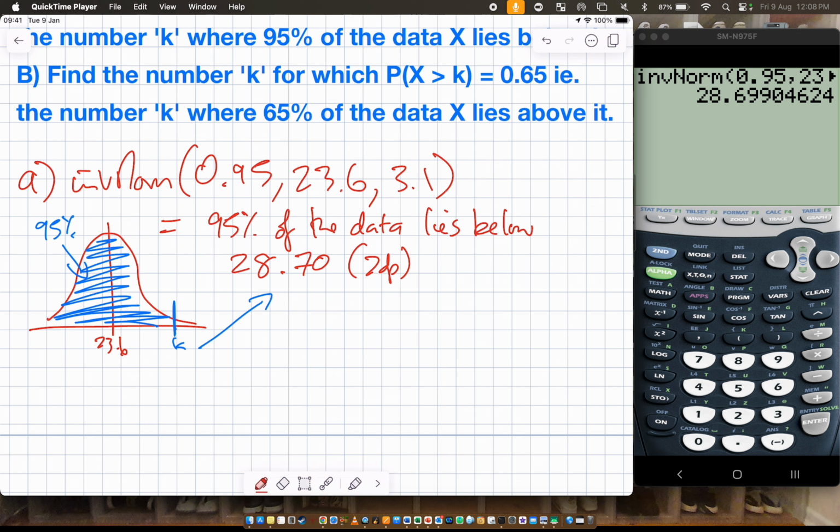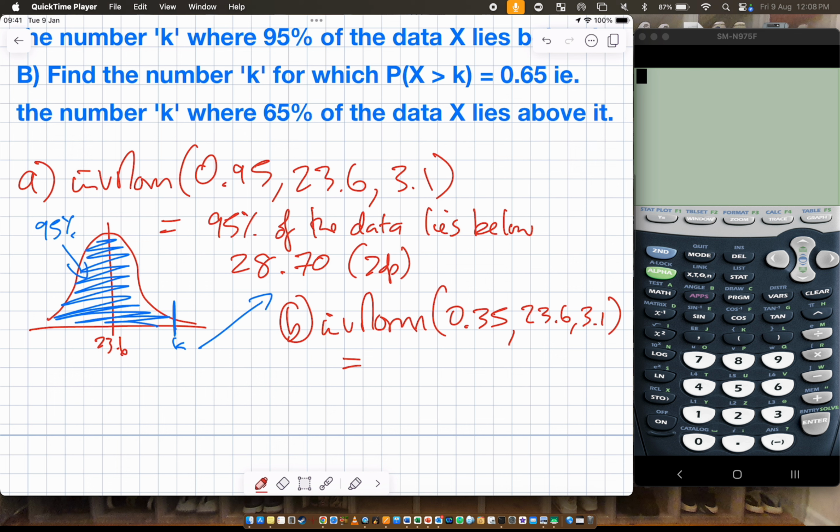I'll do B in this area below. B, inverse normal. But because my calculator only works to the left, it's going how much is below. But this question is above. What percentage is going to match that position? 35. So you would go 0.35, comma, 23.6, comma, 3.1.